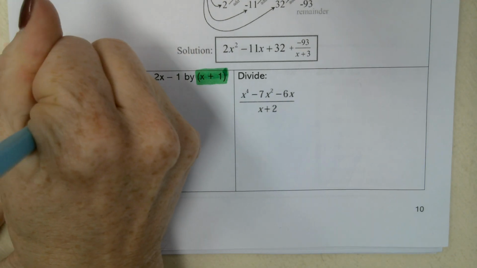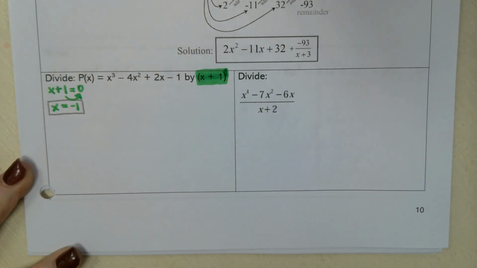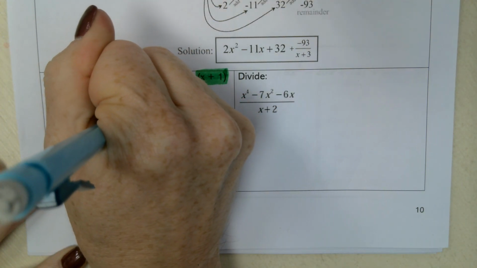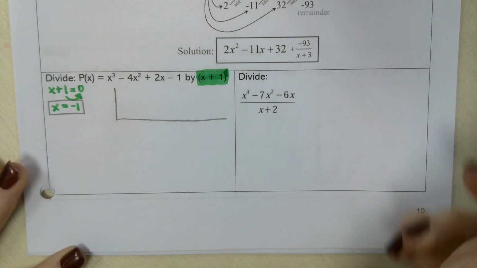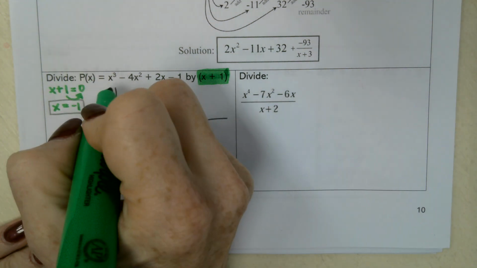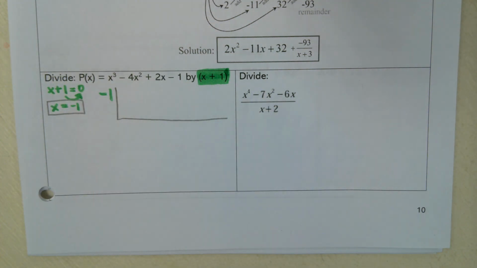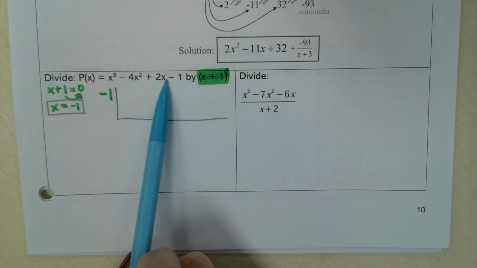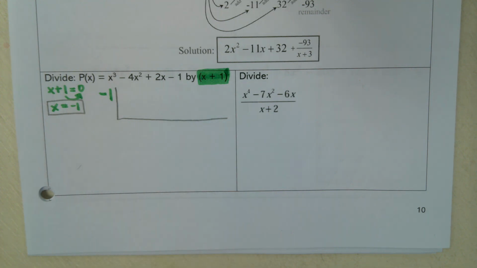I am going to use that number, and I'm going to create an upside down division box. That number goes on the outside of that division box. Now, I'm checking my powers. I have 3, 2, 1, 0. Am I missing anything?